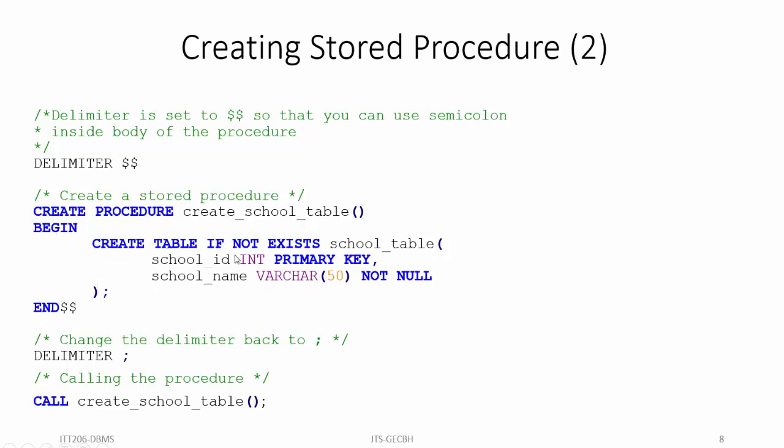So: create table if not exists school_table, school_ID int primary key, school_name varchar of 50 not null. Then close parenthesis, semicolon, then after end $$, which denotes the end of the procedure. Then the delimiter is changed back to semicolon, and to call this procedure you can simply use call create_school_table.